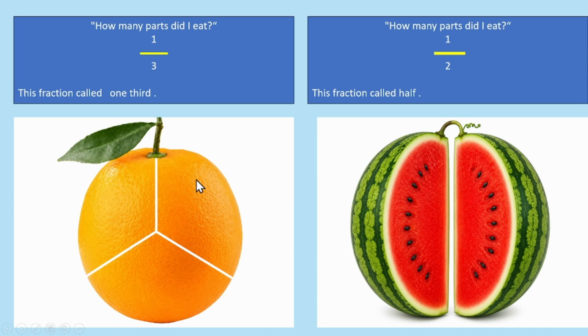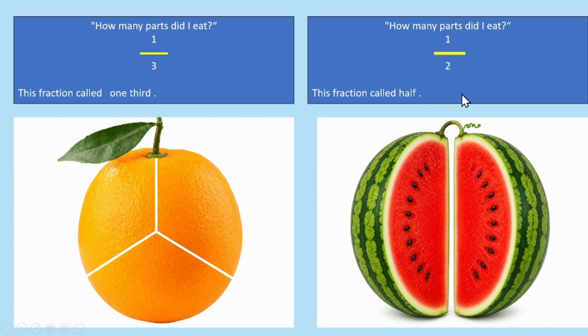So everyone takes one part of three. And this is one third. This fraction is called one third. When you split something into three equal parts, then you eat one, this is called one third.